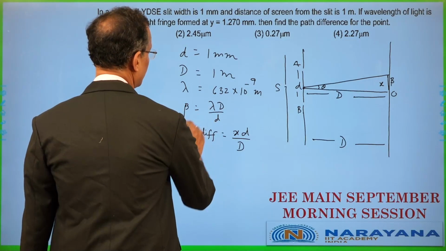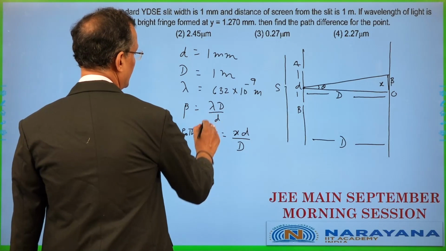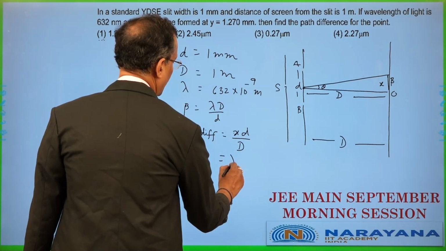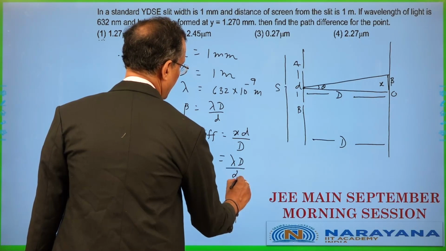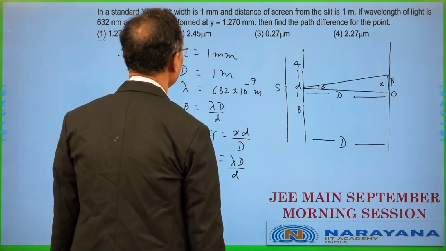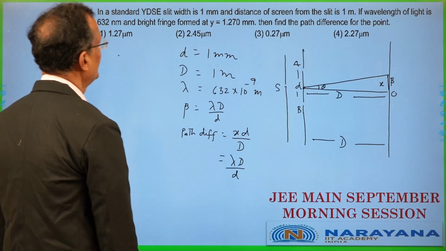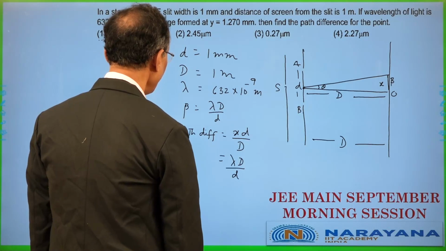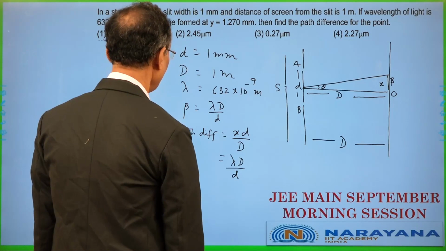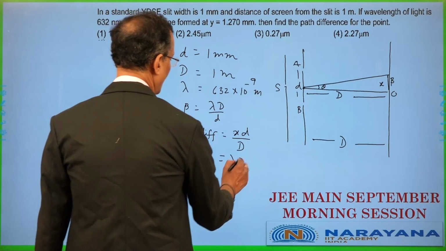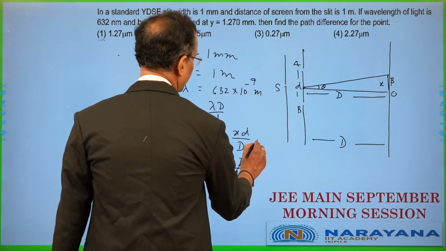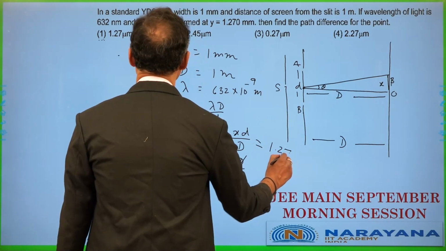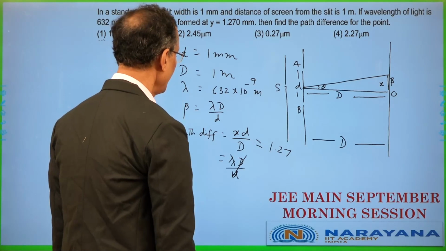So my x is, from here, lambda D by d, and then you check from here, 1.270 they have given me. So directly when they are giving 1.270, no need of beta, I will be taking 1.27. Clear to you?